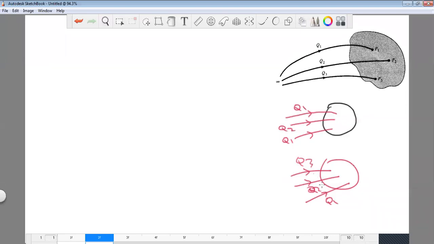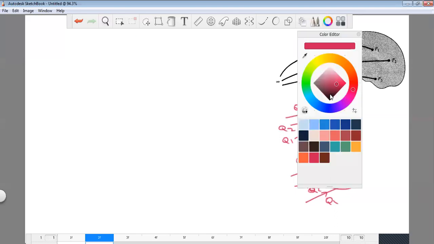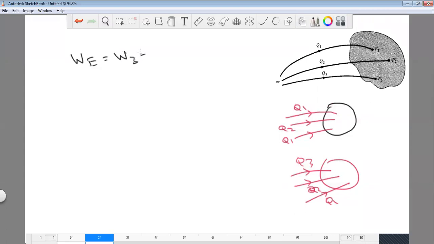So we can change the order. In that case, what is the work done required? Let us take W suffix E equal to the work done W3, W2 and W1. Why? Because we are going to move point charge Q3 in the first step.